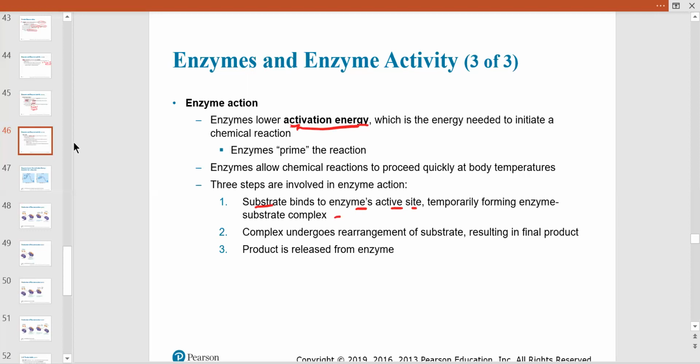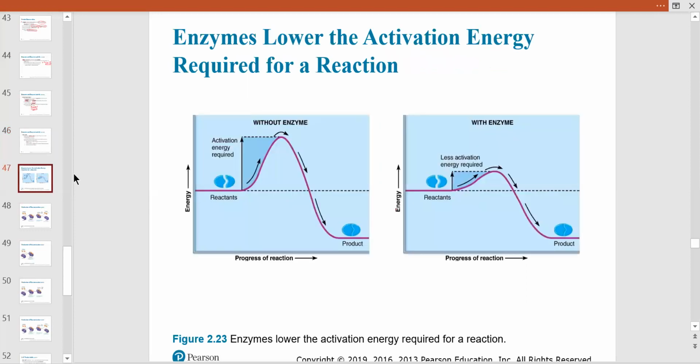And then it rearranges, and the final product is the action of the enzyme, whatever the action is going to be. And that could be breaking things up, catabolic, the hydrolysis, or it could be building things up through synthesis, like dehydration synthesis, anabolic, catabolic versus anabolic.